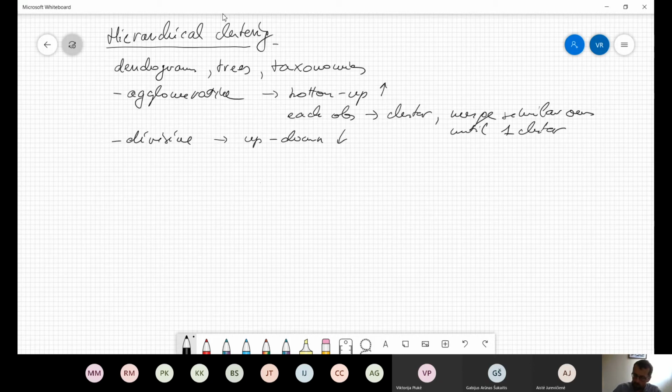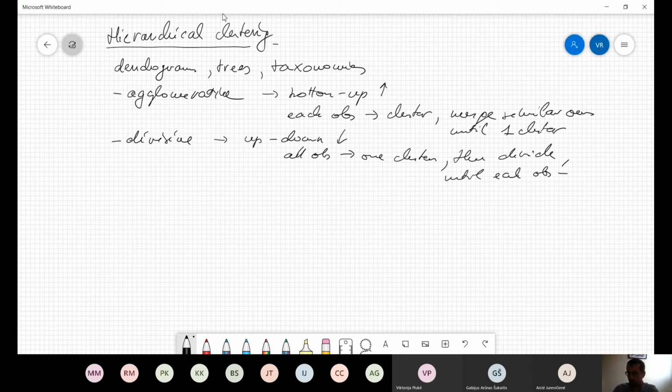At first we have all observations as one cluster, simply one cluster, then divide until we basically reach the agglomerative clustering startup position, until each observation is a cluster.